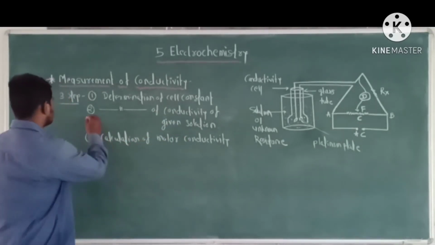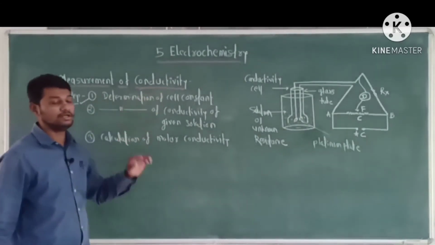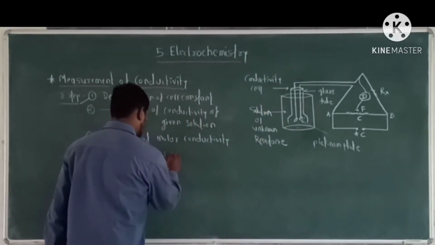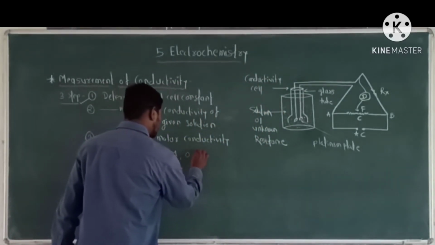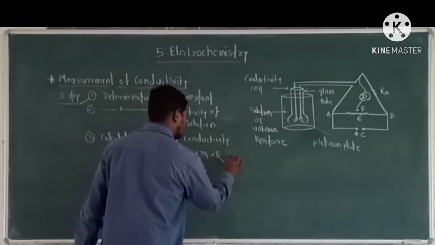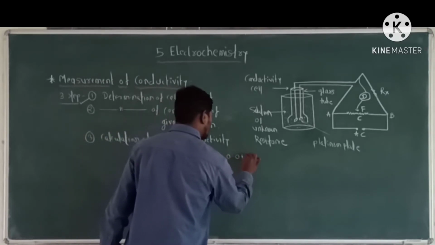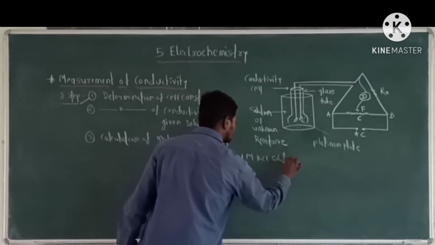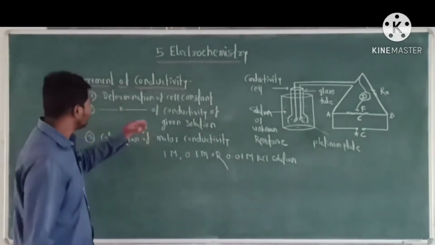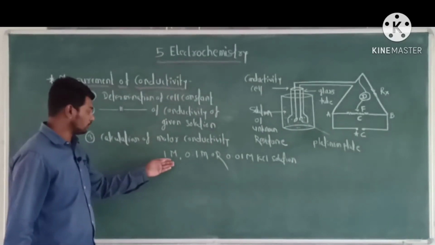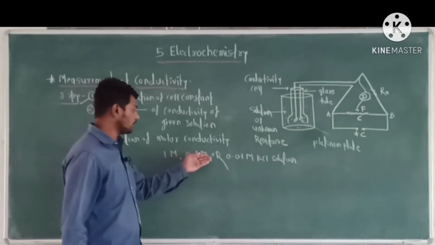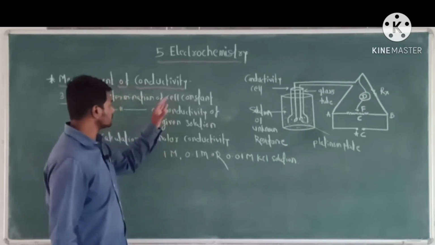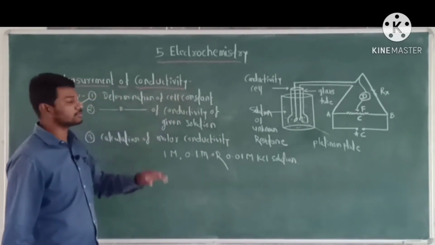Okay. Now start with the first, that is determination of a cell constant. For the determination of cell constant, use 1 molar or 0.1 molar or 0.01 molar KCl solution.